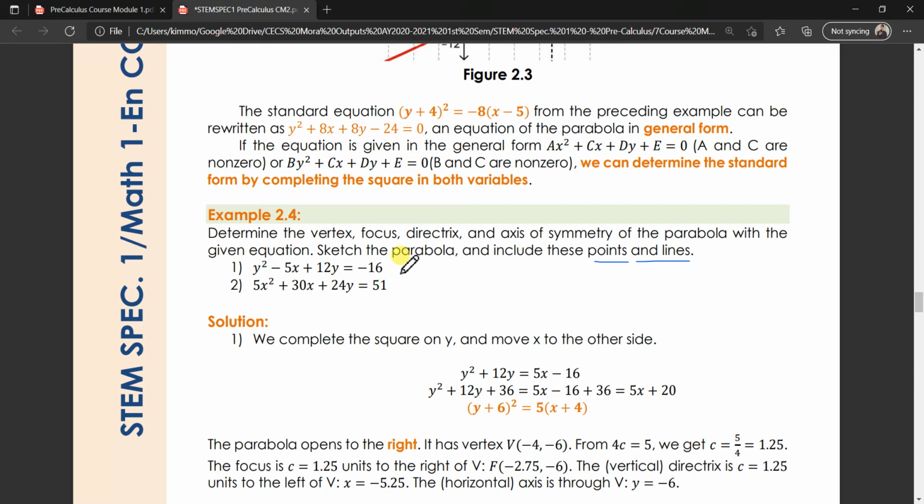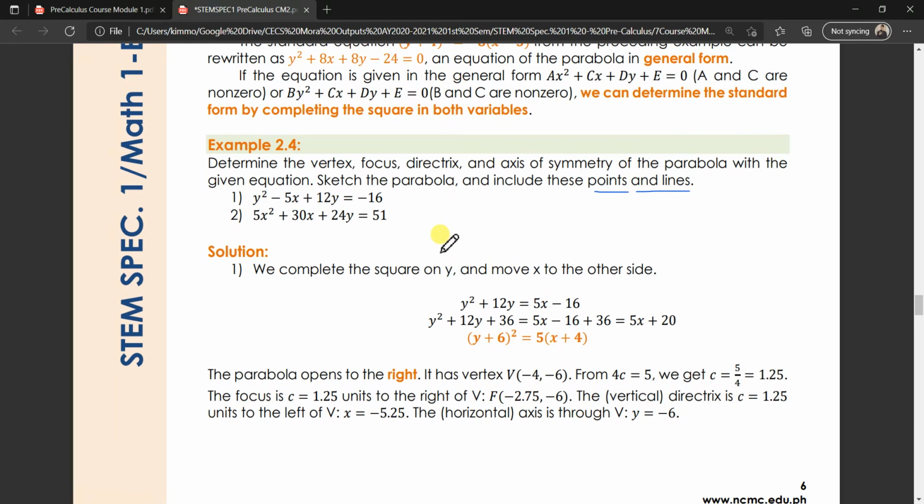So for number 1, we are given the general equation y squared minus 5x plus 12y equals negative 16. What we are going to do first is keep the variable that has a square on the left side of our equation, and move the variable and the constant without a square to the right side of our equation.